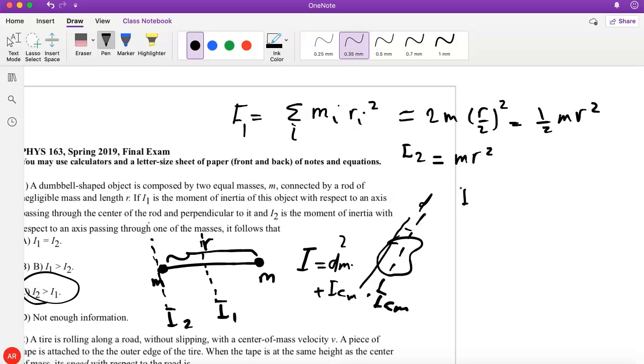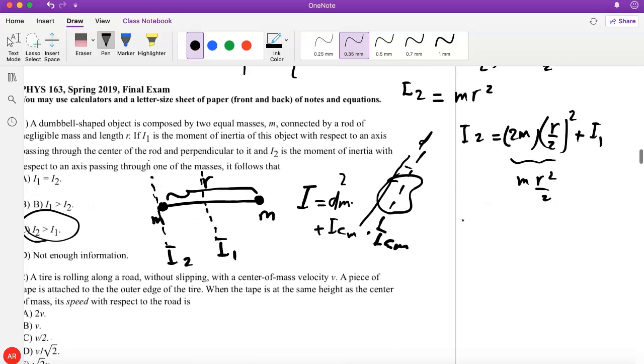So I2 must be the total mass, which is 2m, times the distance between the two axes, which is (r over 2) squared, plus I1, I center of mass. And that works. This is m r squared over 2, so m r squared over 2 plus m r squared over 2 gives us m r squared.